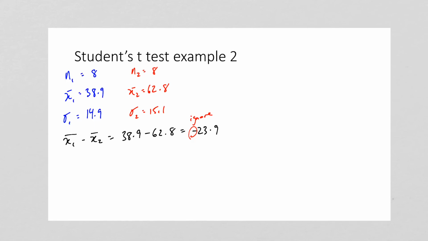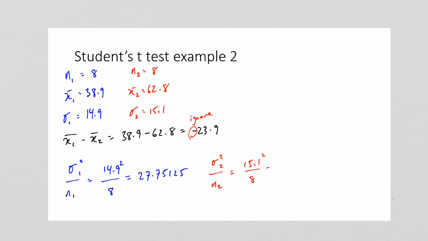And then we are going to do our standard deviation. If we add those two values together, we get 56.2525.